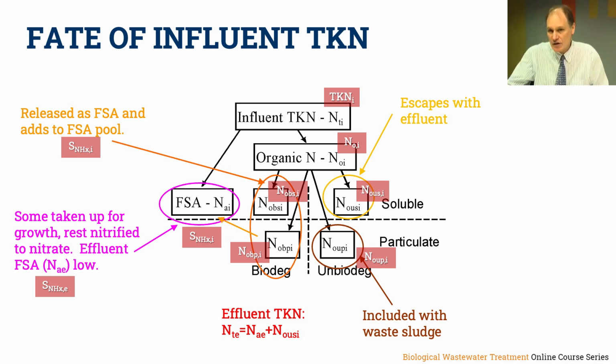And so that ammonia result is the combination of the organically bound nitrogen and the free and saline ammonia that was originally present in the sample. And so, therefore, on this diagram here, our influent TKN is the organically bound nitrogen and the free and saline ammonia. I test for the free and saline ammonia, and then the difference between the TKN and the free and saline ammonia is the organically bound nitrogen.